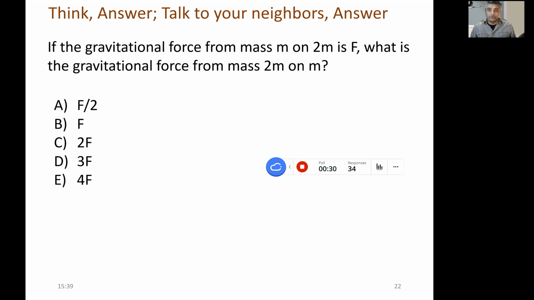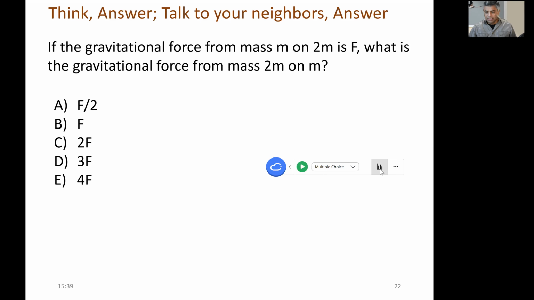For some of you, you may find this tricky, so think a bit harder, okay? 30 more seconds. Five more seconds. 5, 4, 3, 2, 1, and it stops.